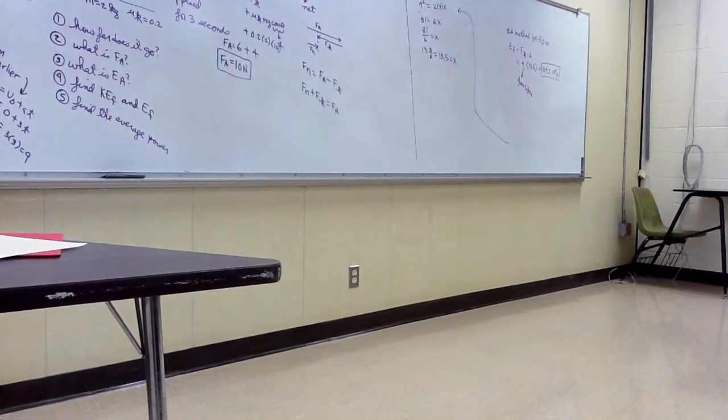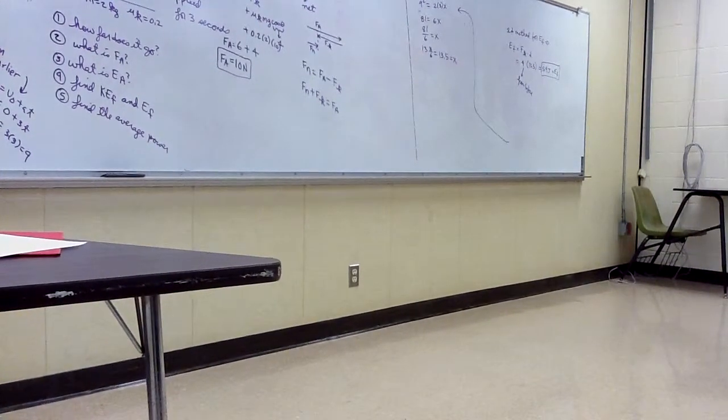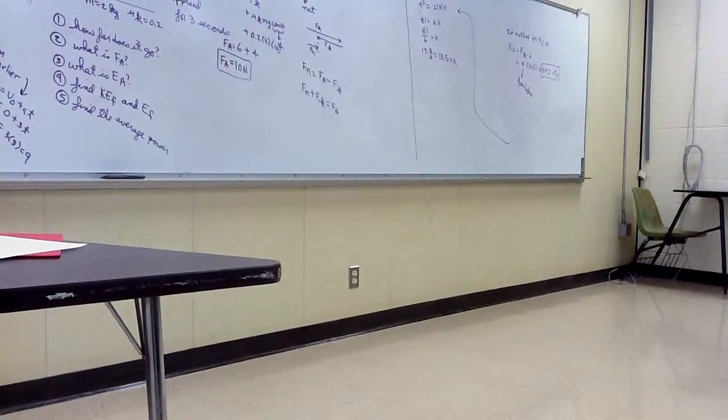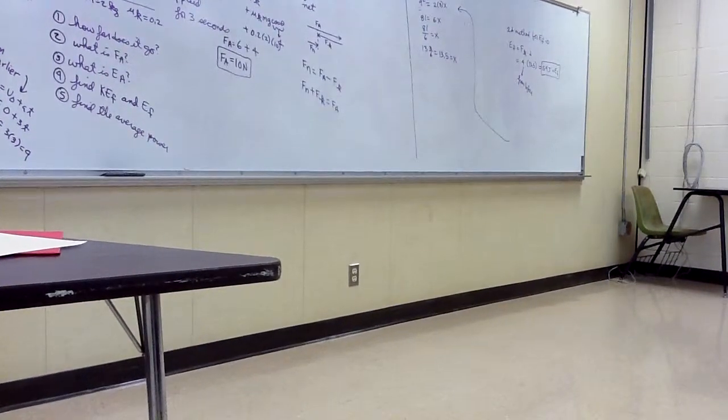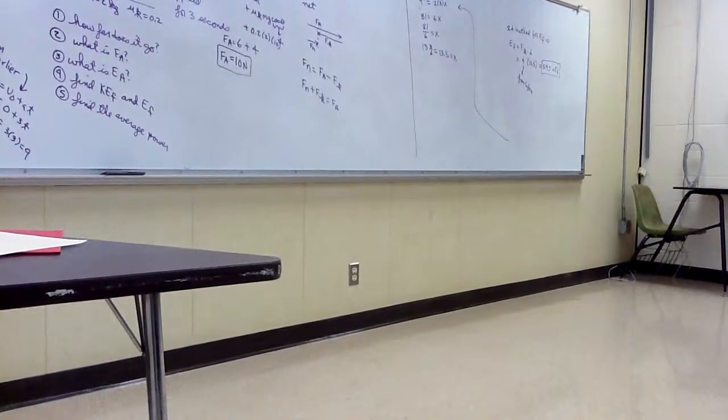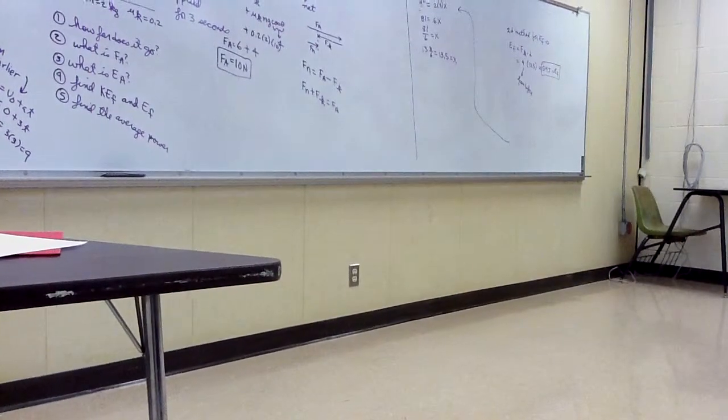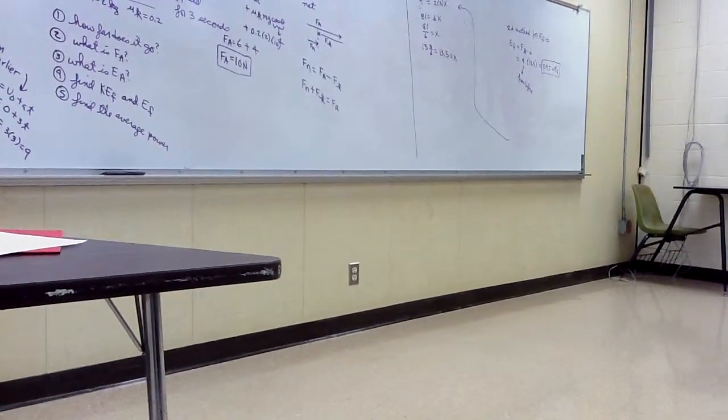Okay, so questions about this one? Again, we see the two approaches are equivalent, and it's good to have both because you can double check your answers to make sure they're working okay.